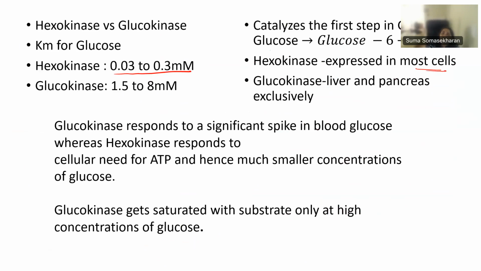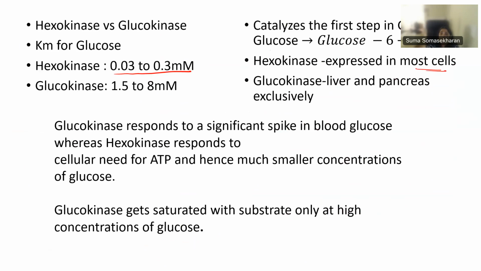Now, functionally, both of these enzymes respond differently to the substrate. Glucokinase responds to a significant spike in blood glucose, like right after a meal. So it only responds to very high concentrations of glucose.